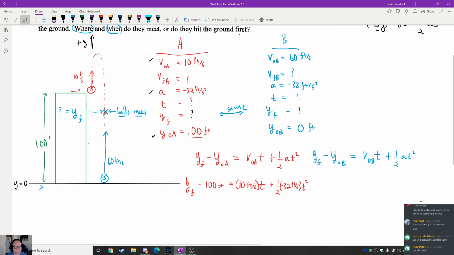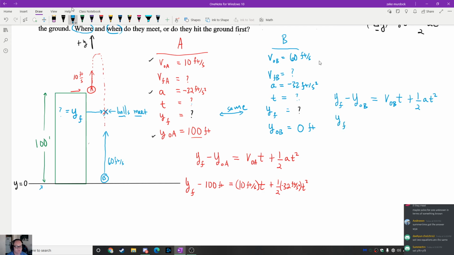And then we just go and do the exact same thing over here for this one. We'll go up a little bit for this one so we don't run into the chat. For the ball blue, the ball B, y final is still an unknown. Here, let's box this off. That's our information.